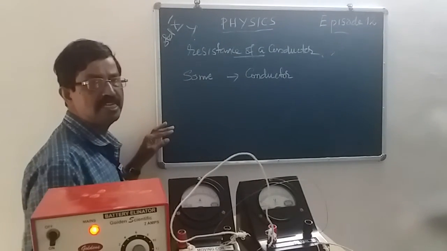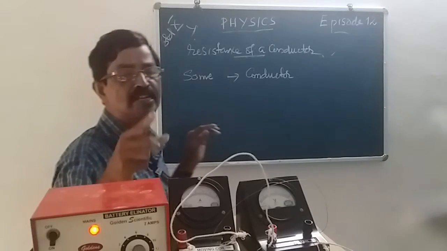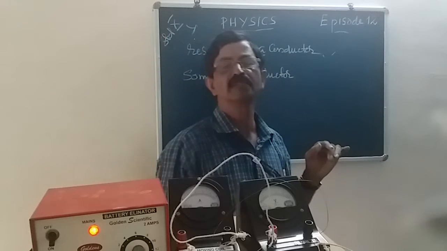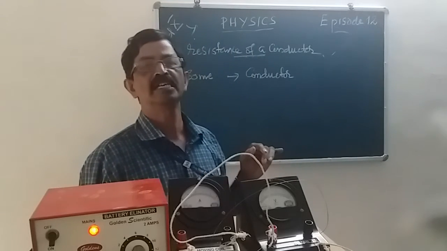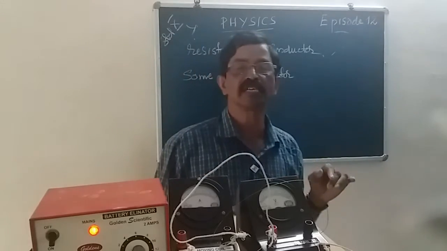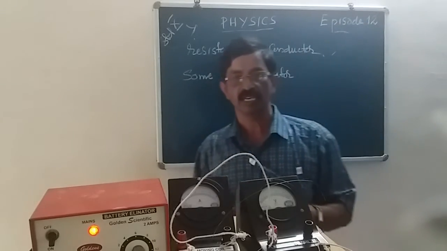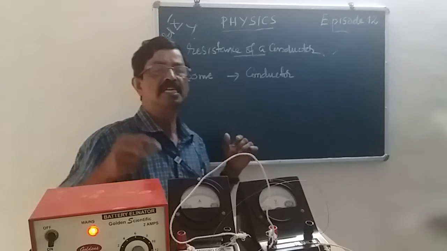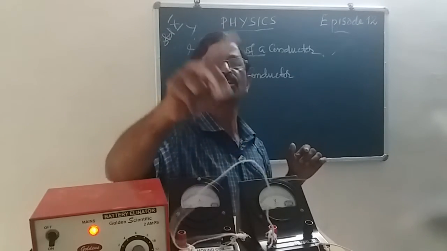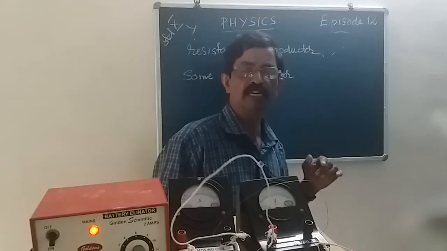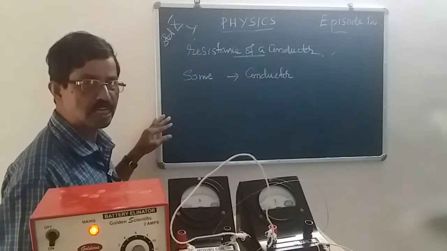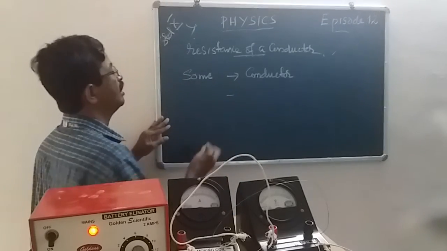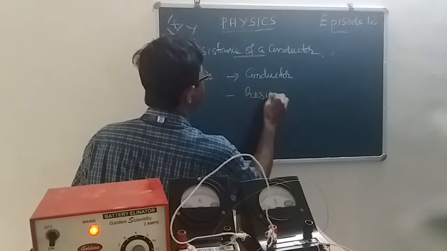We know that in a metal there are free electrons, but the flow of the free electrons is opposed by some atoms in it. So resistance develops. A material like nichrome offers somewhat greater opposition, so such a type of material we call resistors.